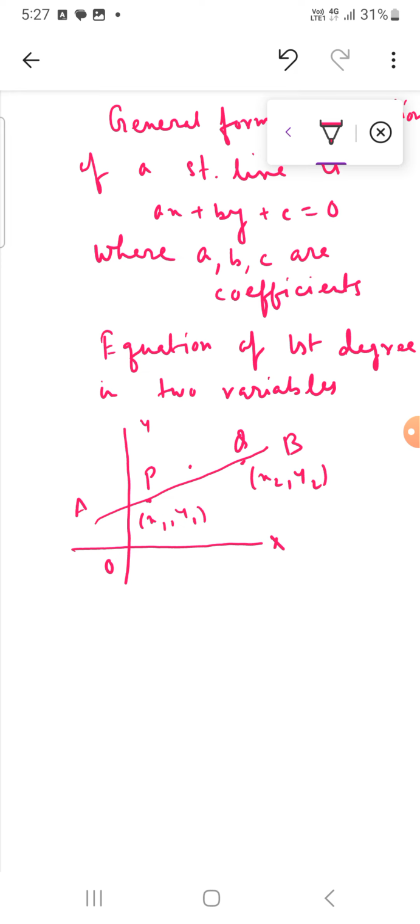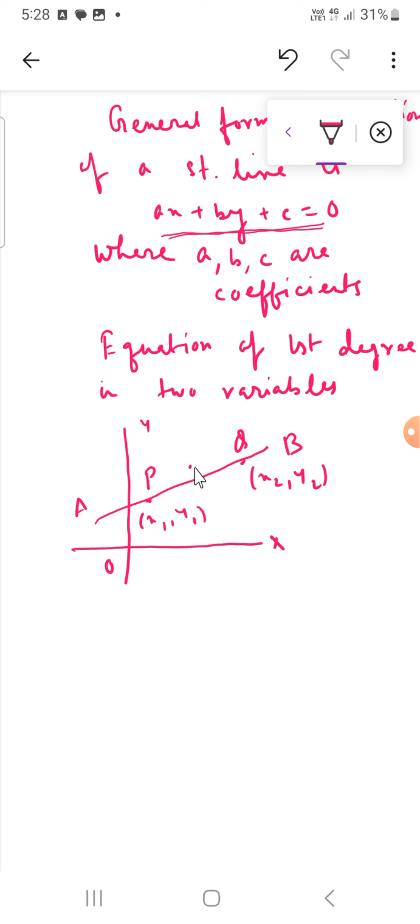First we show that this equation represents a straight line. We don't know yet that AB is a straight line, so we take AB as a curve, and P and Q as any two fixed points on the curve.